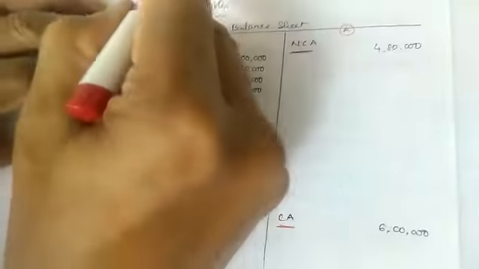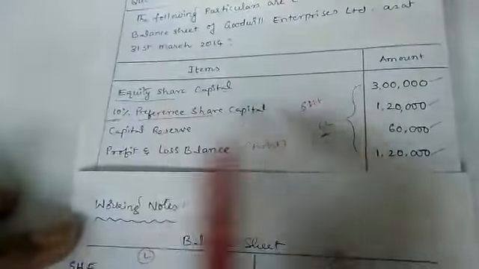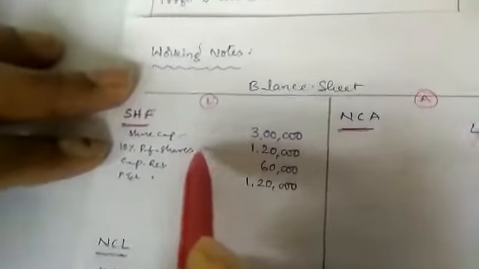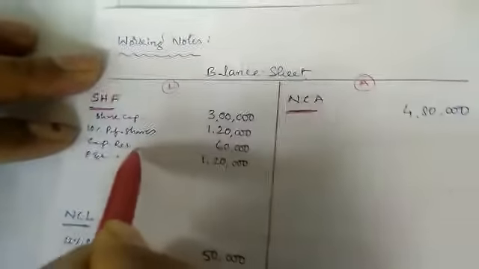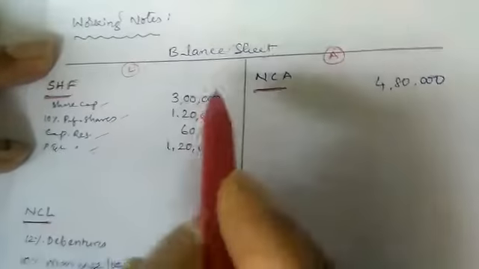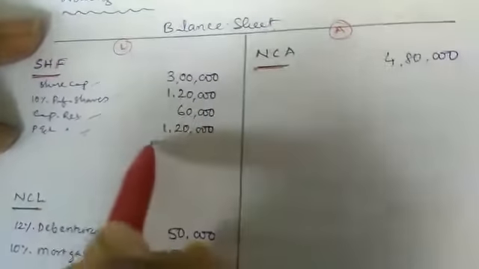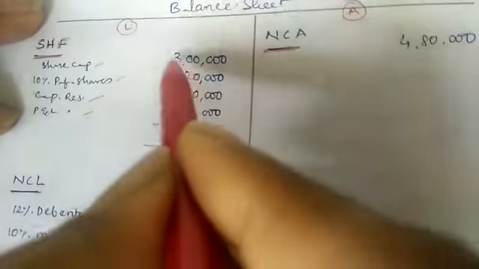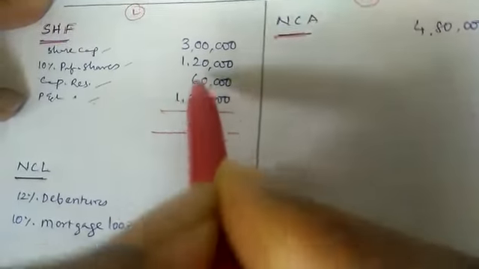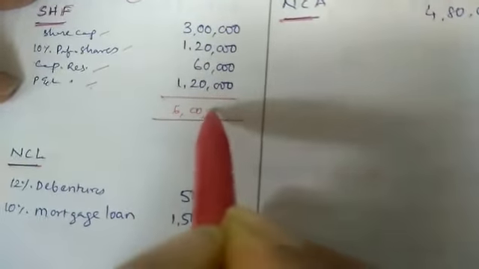In the problem, all these 4 items come under the shareholder funds: share capital, 10% preference shares, capital reserve and profit and loss account. The total is 3, 4, 5 plus 6 lakhs. 6 lakhs is the shareholder funds.